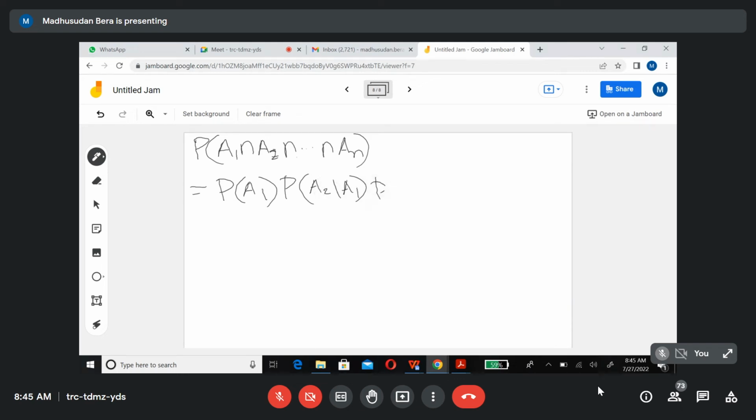Next is A3, and before A3 what is given? A1 intersection A2. So A3 given A1 intersection A2. That way the last one in the product is An given A1 intersection A2, up to An minus 1. That is the multiplication rule for n events. Is this okay?